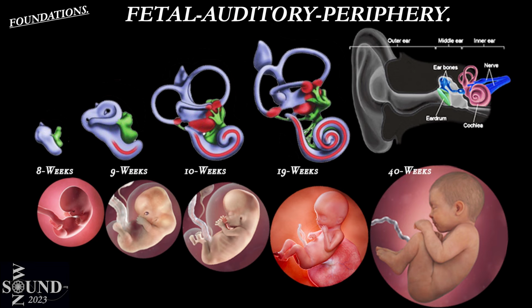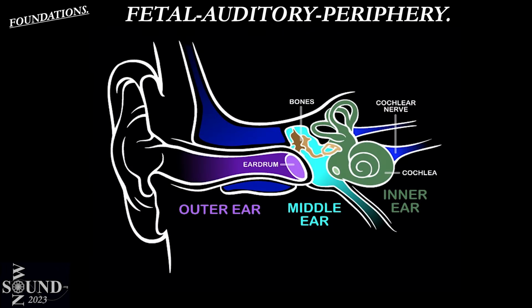So let's do a deep dive of what happens in the womb. Up the top here we have a picture of the auditory periphery. Deep inside we have the outer ear, middle ear and the inner ear, and on the very right there you can see the complete auditory periphery, and that outer ear we call the pinna. But these are the stages in alignment with the weeks.